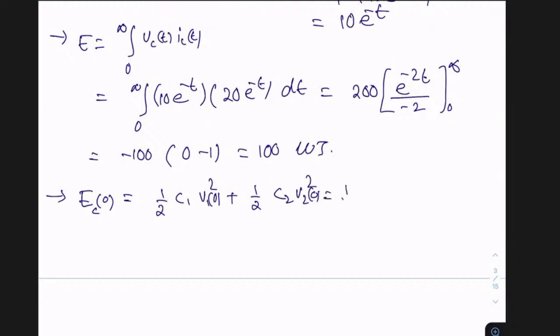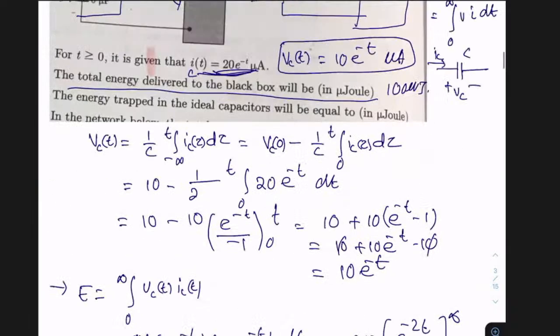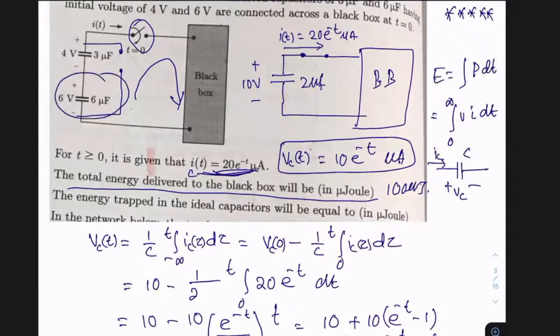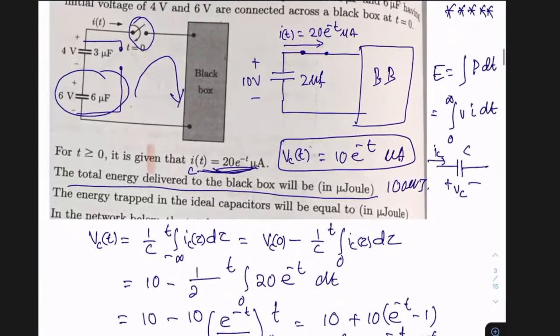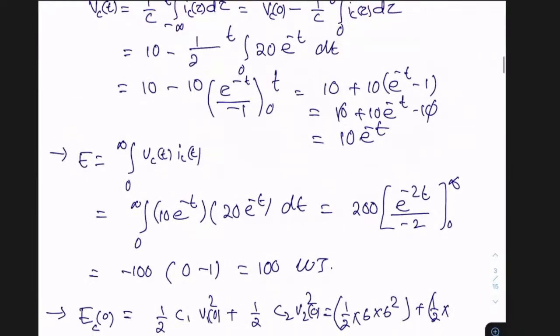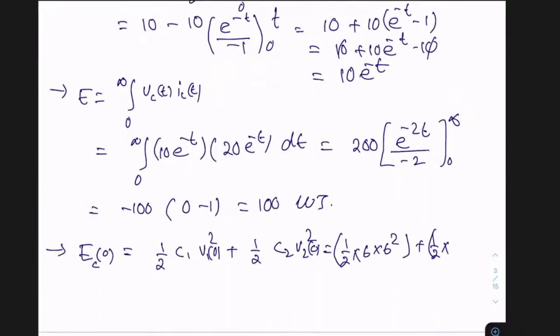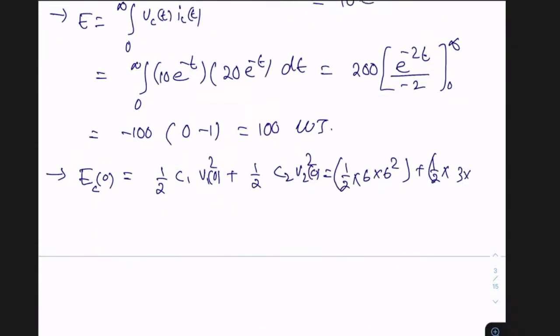Which is equivalent to half of, what is the value of C1? C1 is 6. So this is half into 6 into 6 square, plus half into 3 into 4 square.